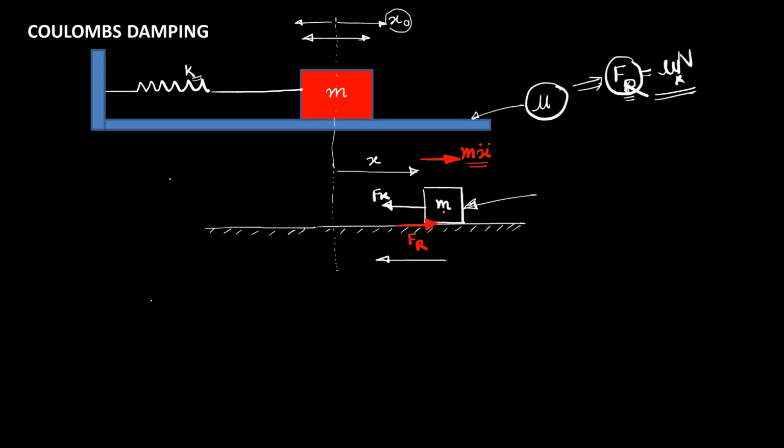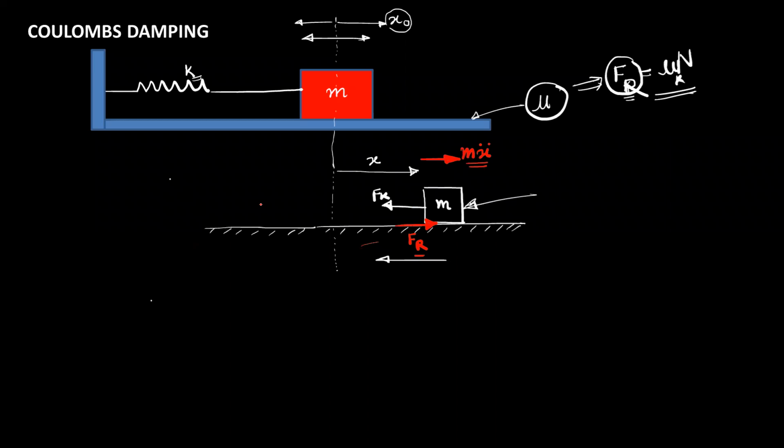Though the motion is starting from right to left, still we will consider the mx double dot on the right side only. The spring force Fk is towards the left because it is always opposite to the deformation. And the frictional force depends on the motion, whether the mass is moving from right to left or from left to right.